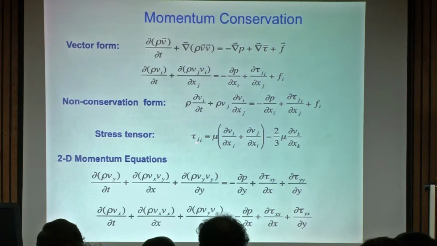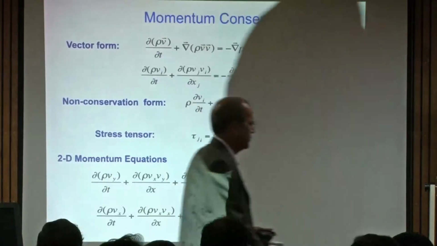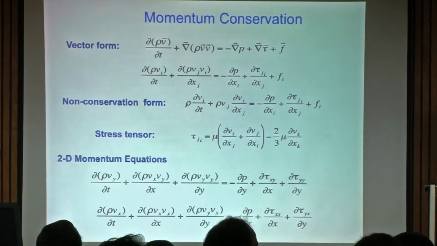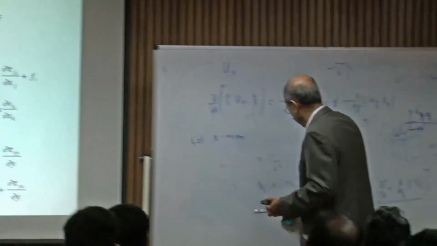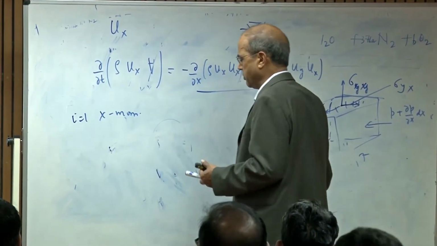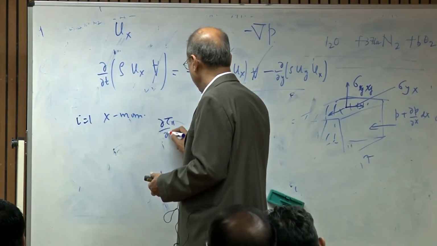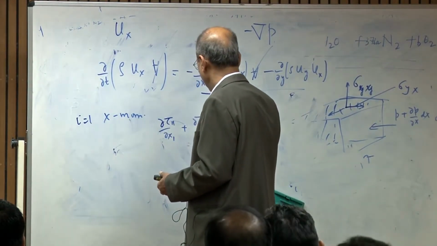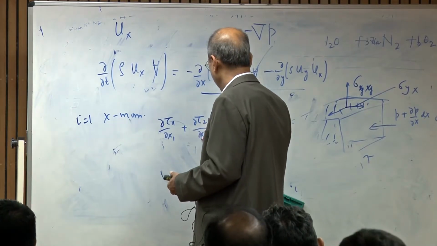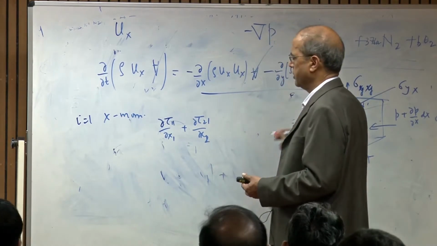Okay. So if you write this, using what you have here, tau 11, tau 12, and so on, you can write those. So let's write 1 or 2 of these. So for example, x momentum equation, you have tau 11, tau 21, dx2, and the third term.